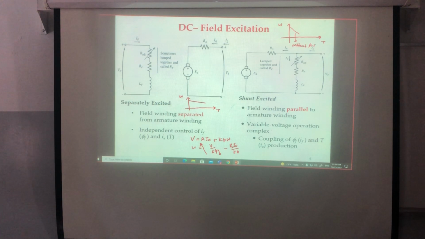Now with armature reaction, because while increasing the torque the current is increasing, the reaction will be amplified or increased. So this means that the speed will increase. This is what we have with armature reaction.